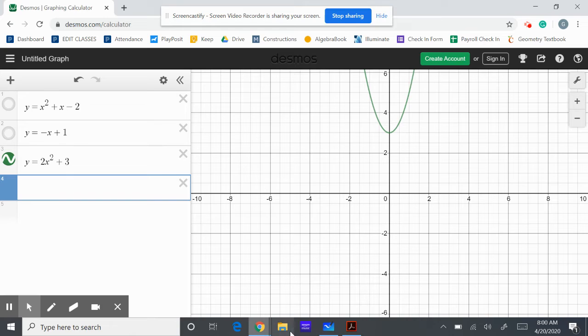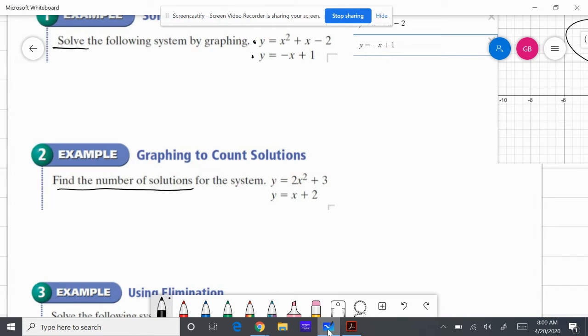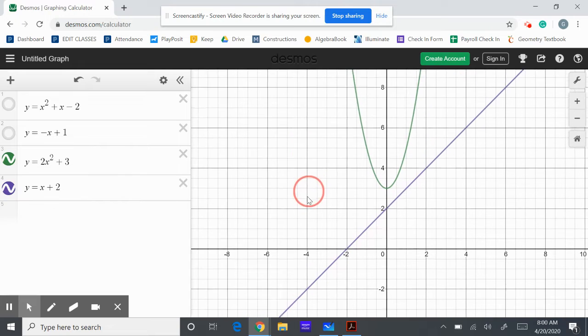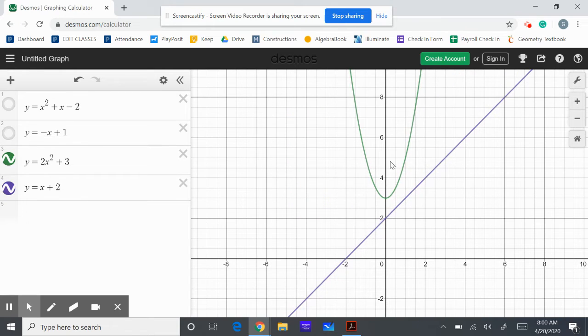And then the second one is y equals x plus 2. So here we could clearly see that these two equations never intersect. So therefore this one has no solution. So let me take a screenshot of this.